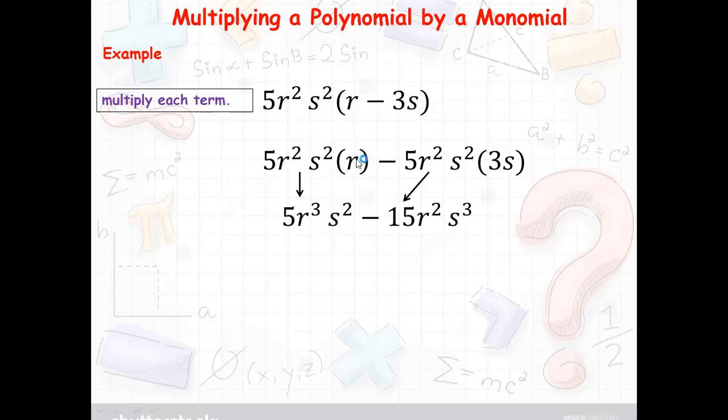Now s square, there is no s inside, so s square remains the same. Moving to the next one, we are multiplying negative 5 with 3, so that will give us negative 15. Then r squared, there is no r here, so write the same r squared. Then we have s squared, but we have an s which has an exponent of 1. So s squared multiplied by s will give us s cubed. So this is the answer for this question.